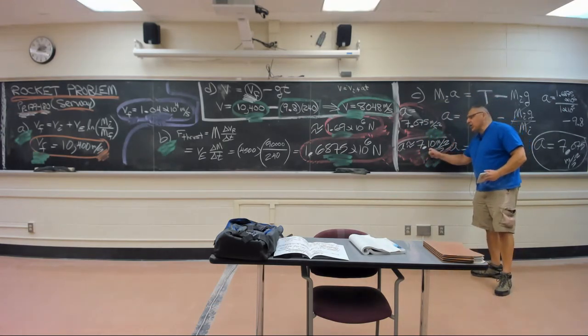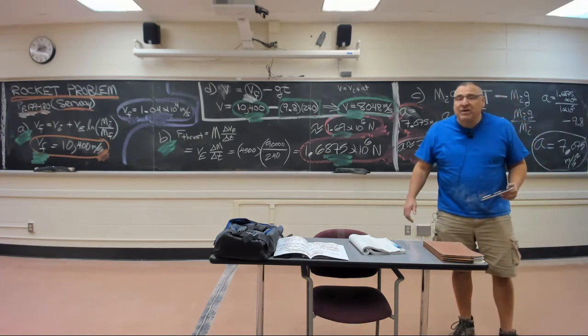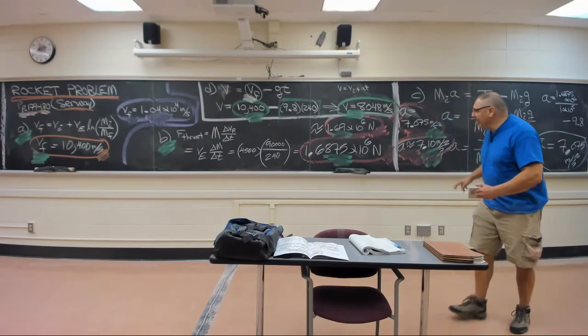This is the initial acceleration of the rocket when it's all loaded up, having a total mass of 100,000 kilograms. After it has jettisoned 50% of its mass, and it's half as massive as before, the acceleration will be twice as big.